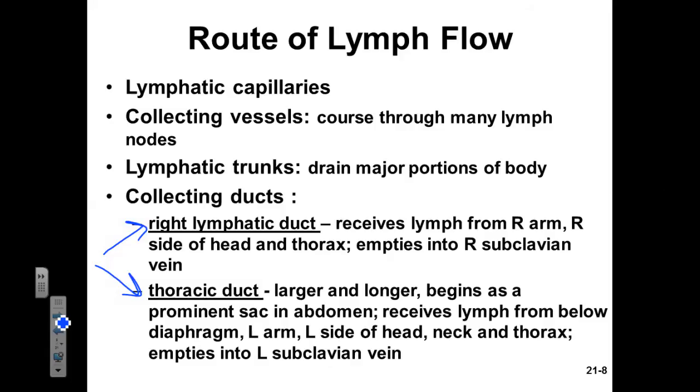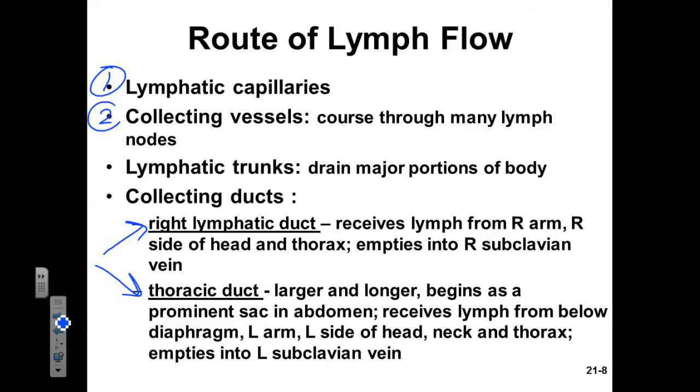Lymphatic vessels drain lymphatic fluid into the cardiovascular system. If we want to look at the direction of travel, starting at the beginning, I'll wait for you to finish writing. Okay. So starting at the beginning, we have number 1, lymphatic fluid traveling through lymphatic capillaries.